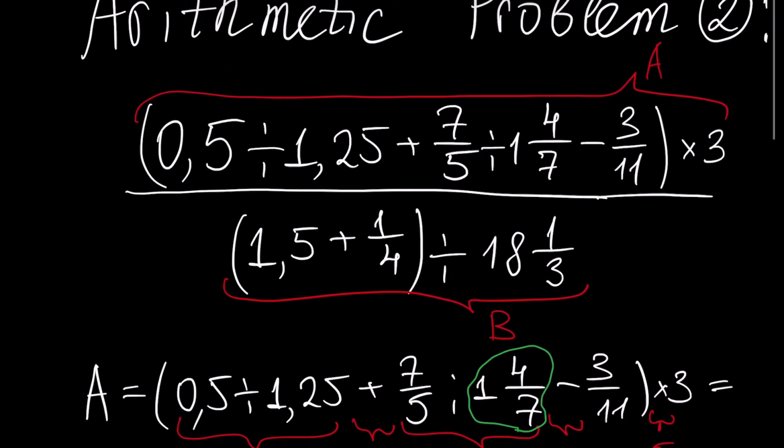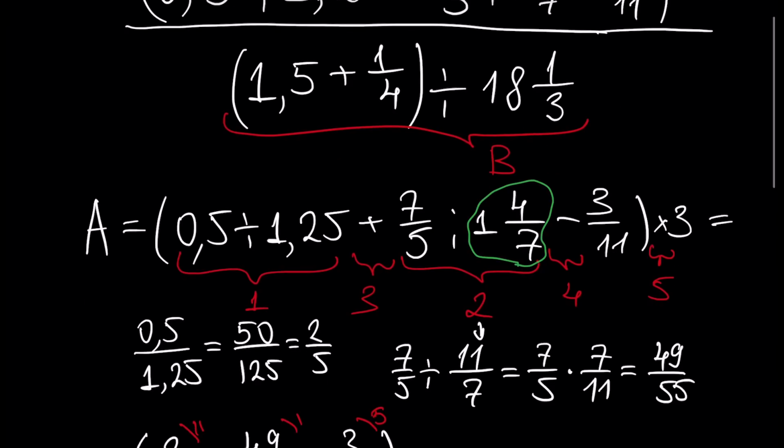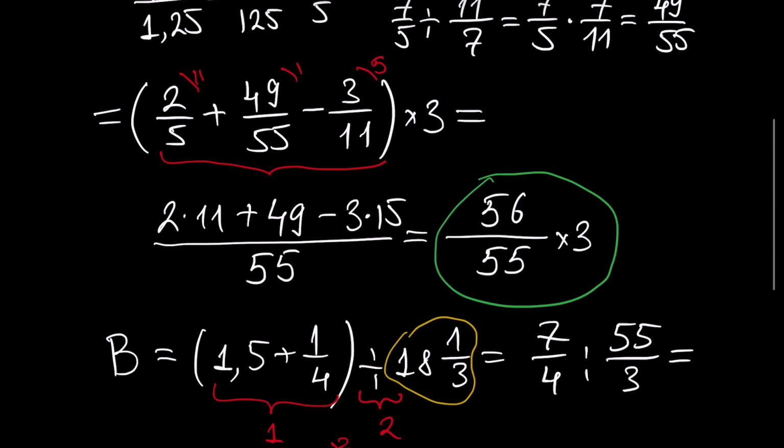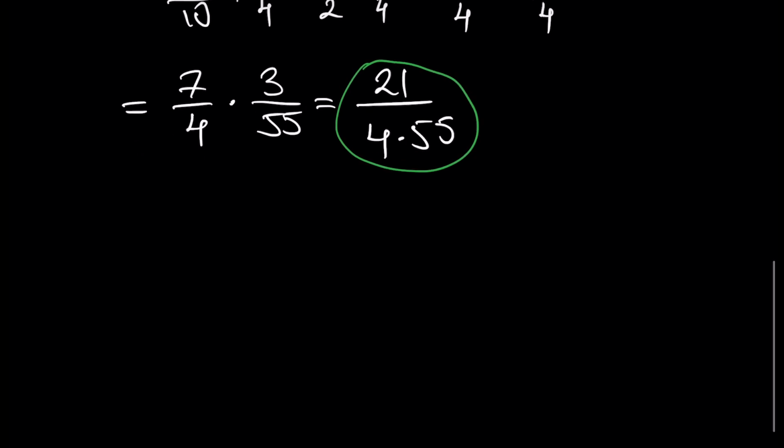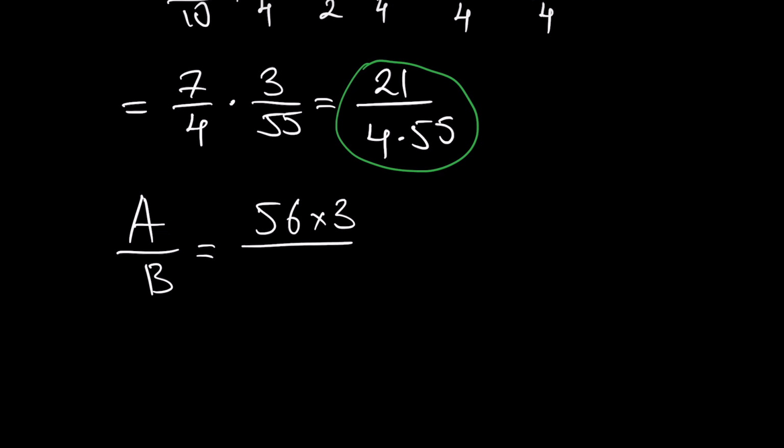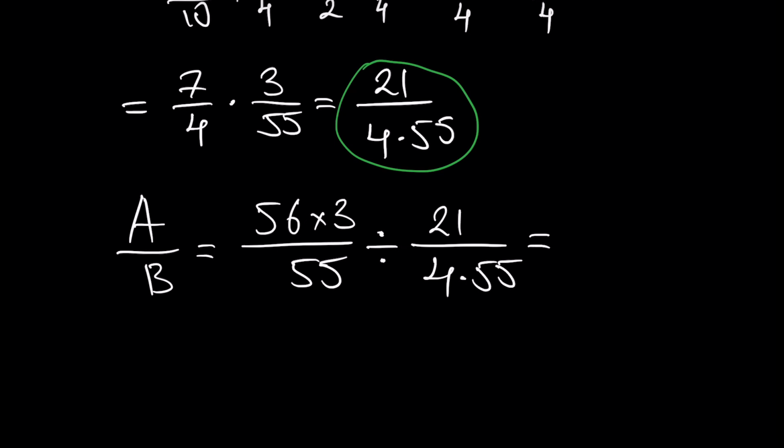We have to divide a by the number b. Our number a was this, and our number b is this. So a divided by b will be 56 times 3 over 55 divided by 21 over 4 times 55.